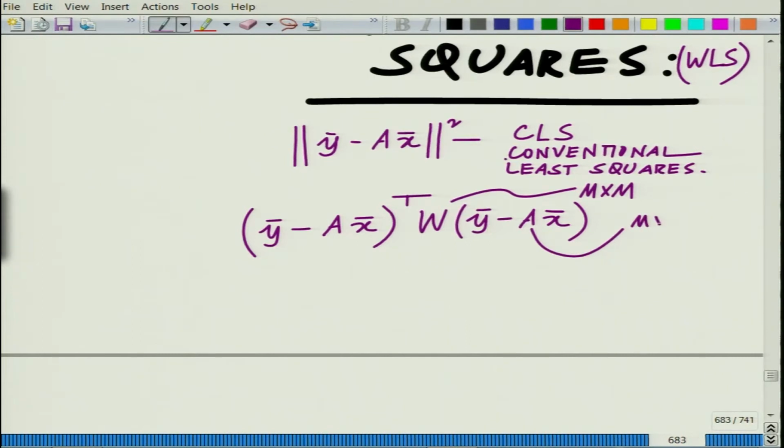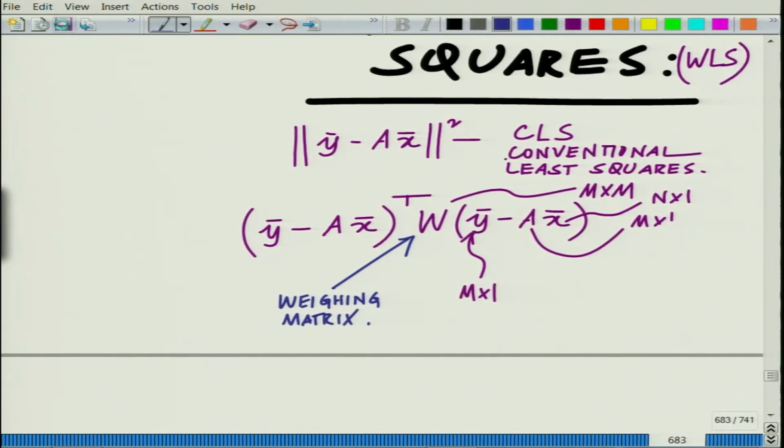A is M cross n, x bar is your n cross 1 parameter vector. You can think of y bar as M cross 1, and this is essentially your matrix of weights, or your weighting matrix. I think that might probably be a better nomenclature.